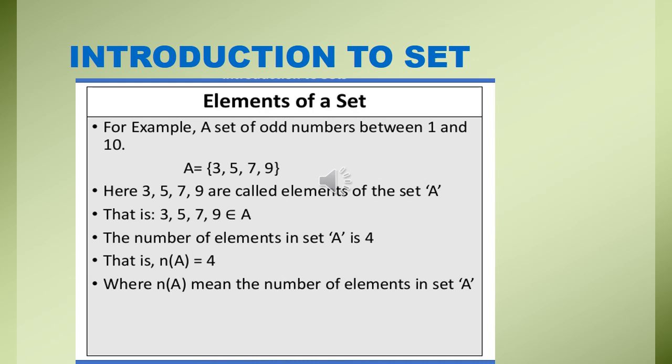Set A is given to you. So you have to write small n bracket capital A is equal to 4. This shows the number of elements in set A is equal to 4. There are 4 members in set A, so you can show it by using small n bracket capital A. Clear? Good.